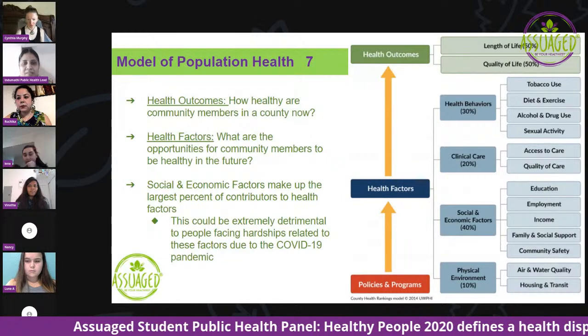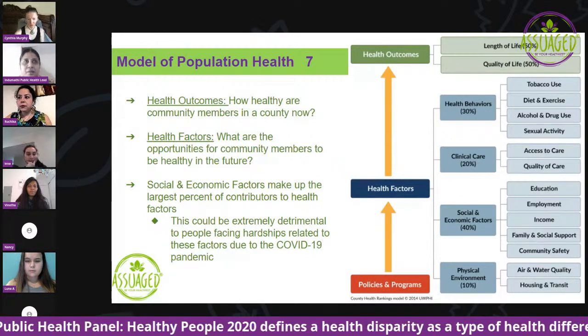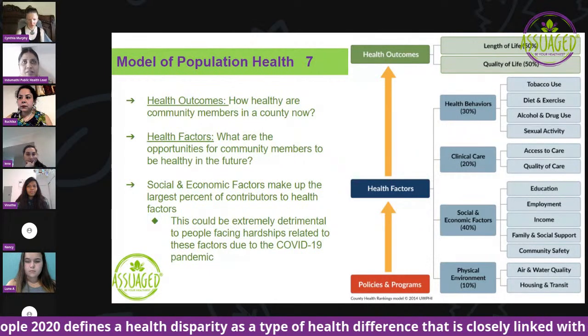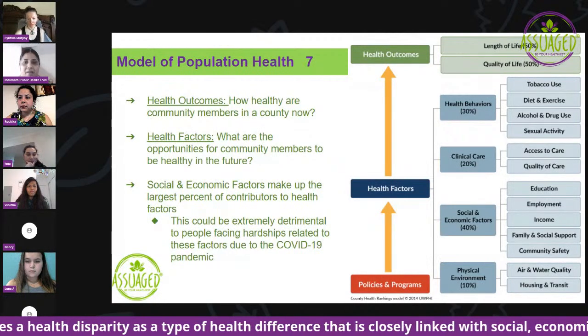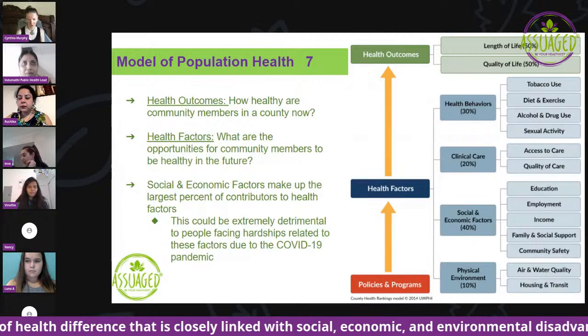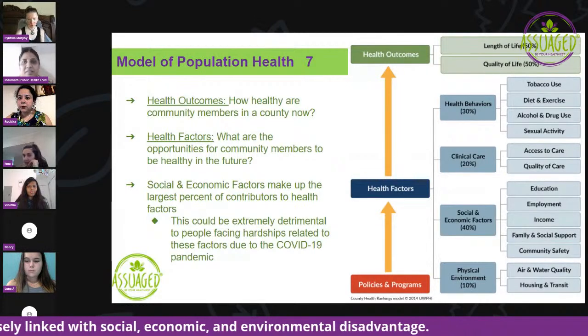So the government has devised the model of population health to determine the overall county health. Every year they release the county health rankings, and so we get to know what counties are doing well in health outcomes, what counties are not, and how we can fill in these gaps.